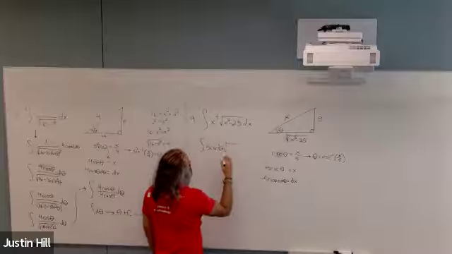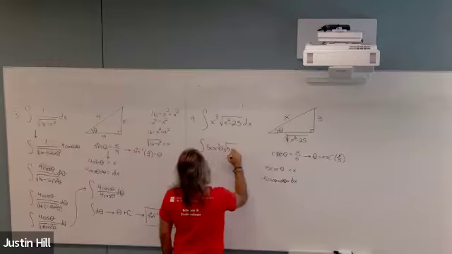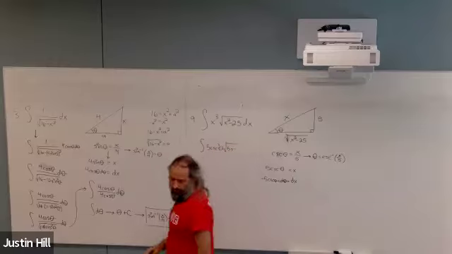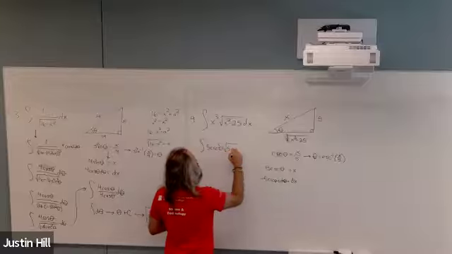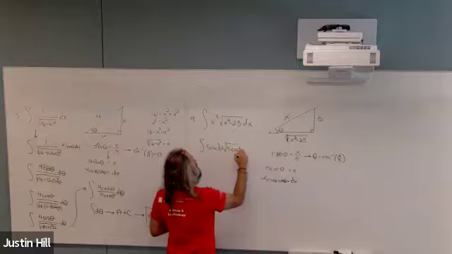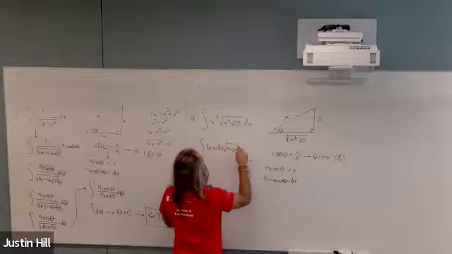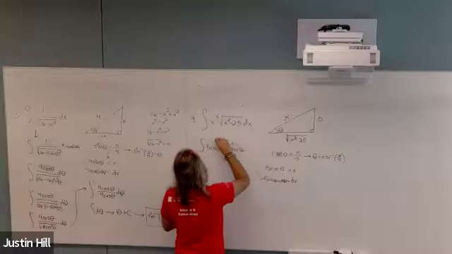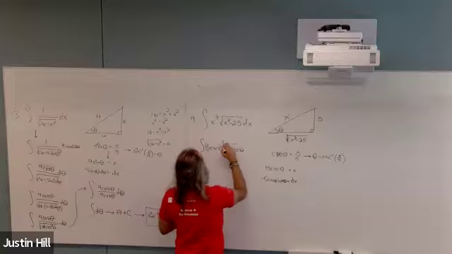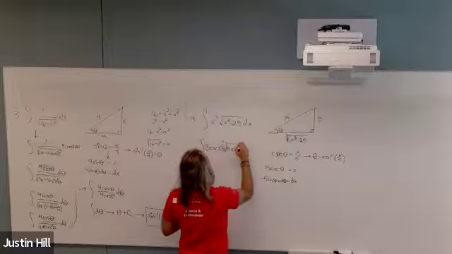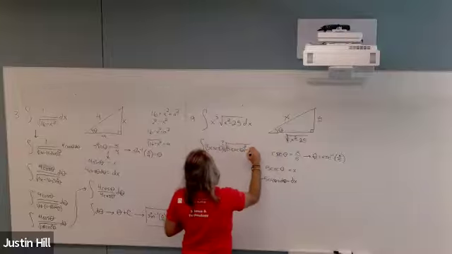Inside, we're going to have the square root of 5 cosecant theta, this thing cubed, this thing squared, minus 25.